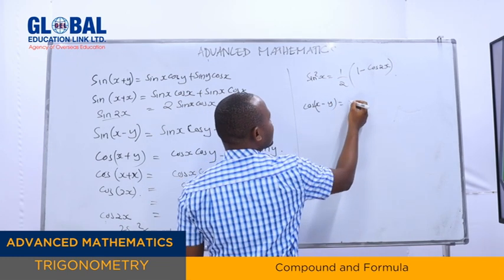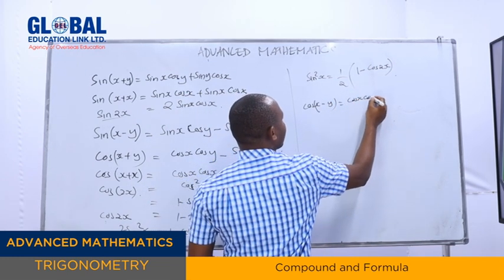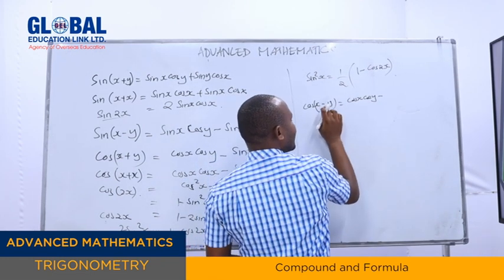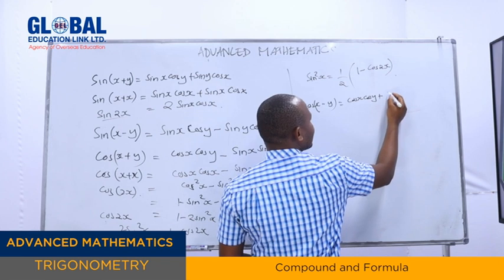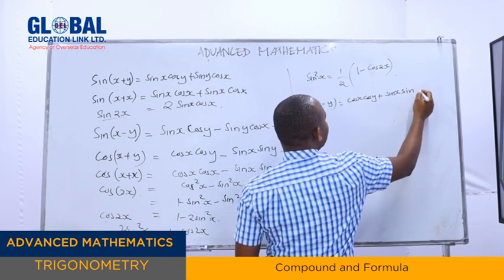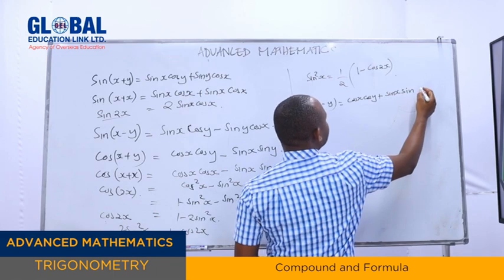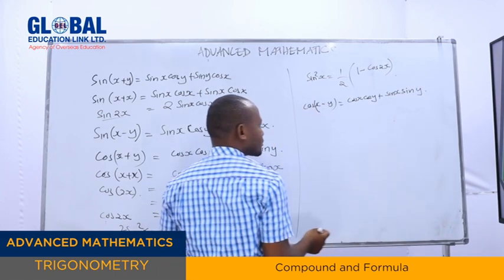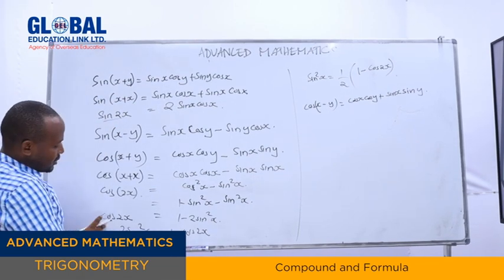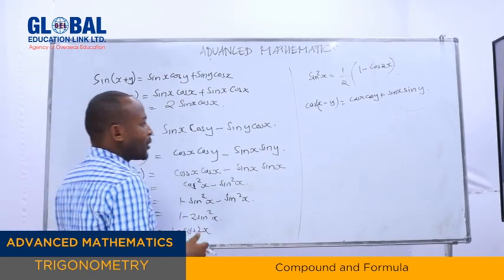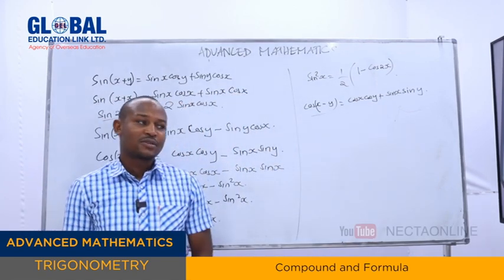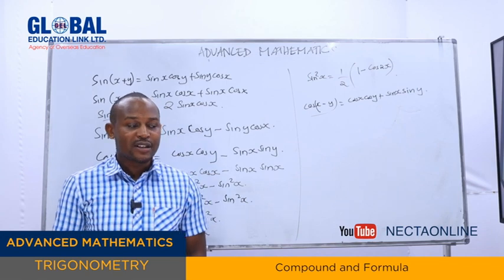This equals cos x cos y, then where it was negative or minus, it becomes plus, then sin x sin y. That's how it looks. So again, you can use that in different kinds of situations and solve different kinds of questions.